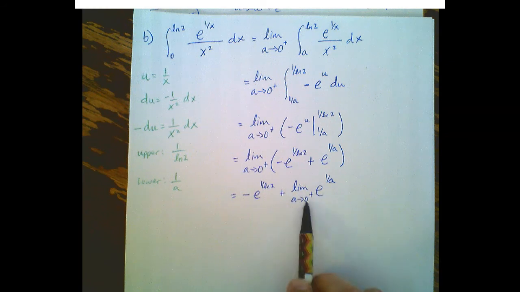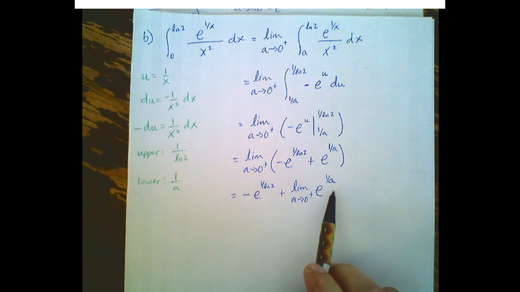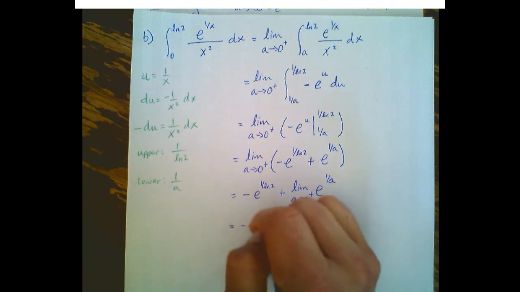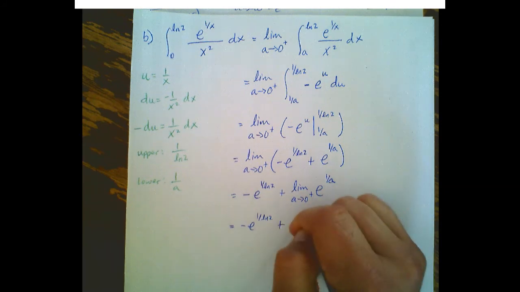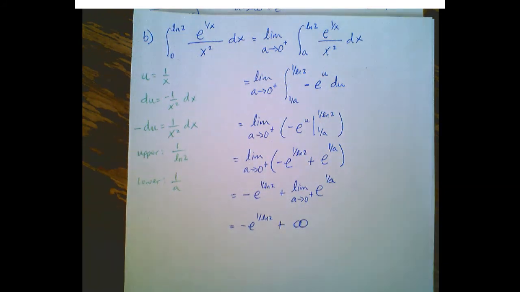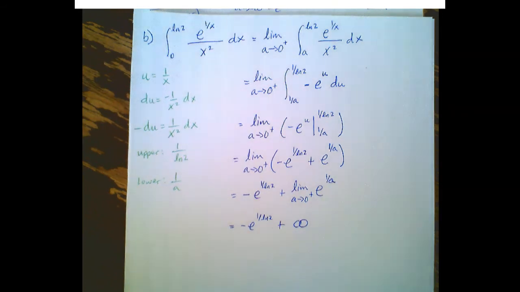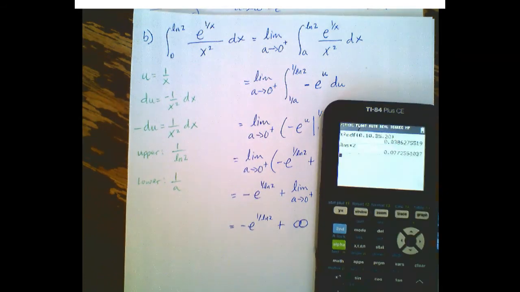So let's think about it. If 0 goes in, e to the 1 over 0, what's 1 over a really small number? 1 over a small number is a big number. So this is e to some really big number. So that is infinite. Once again, 1 over 0.01 is 100.